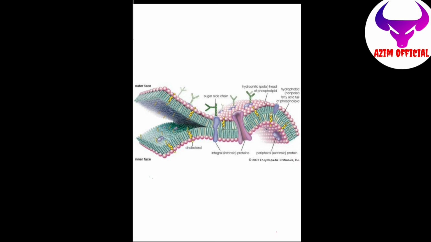As we know, proteins act as a receptor, ligands, enzymes, or carrier proteins, but carbohydrates also act as a receptor for binding hormones. So we have some hormones which attach with the receptors and produce signals so that our cells can react on those.